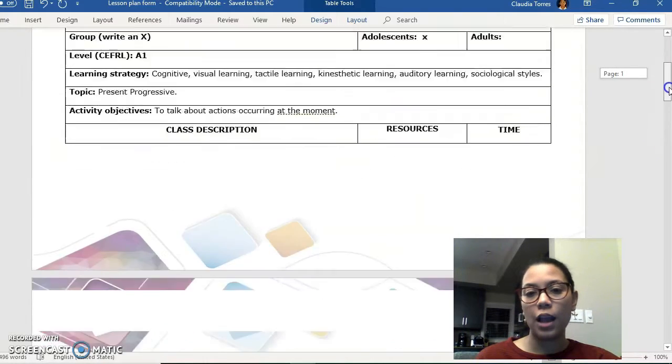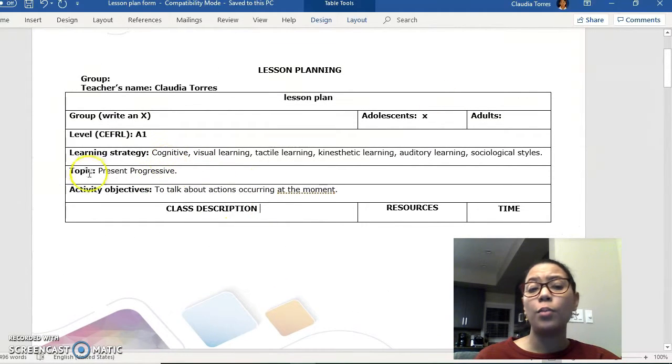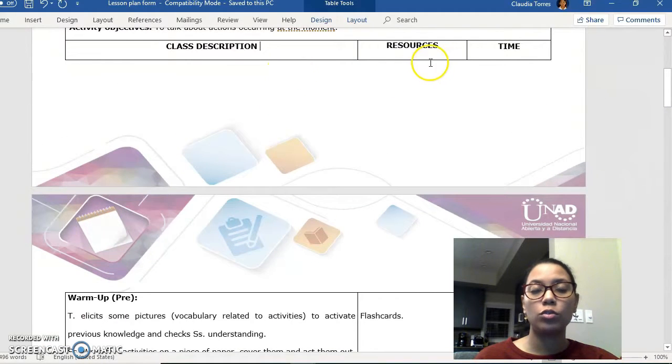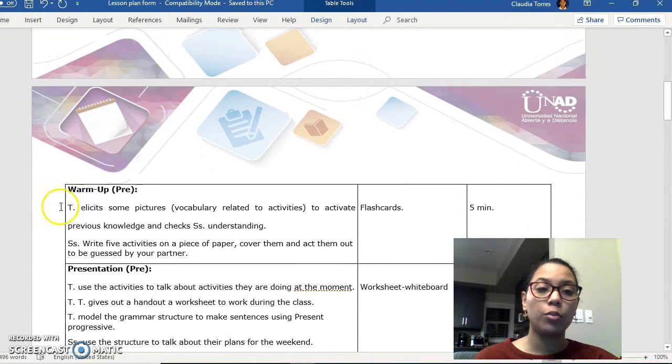So now for this lesson plan, the topic is present progressive. And the activity objective is to talk about actions happening or occurring at the moment. So here we have the class description, resources, and time. For the class description, first we have the warm up.